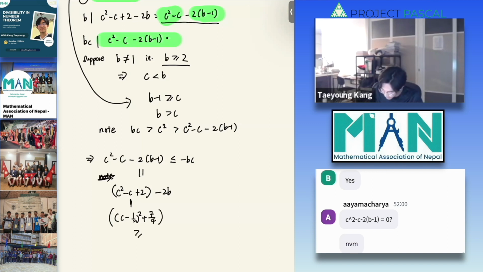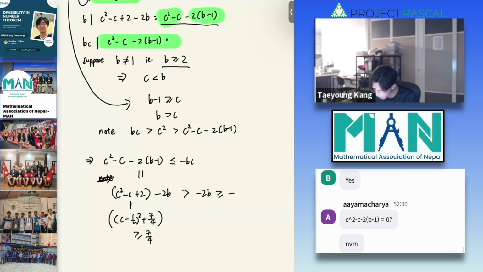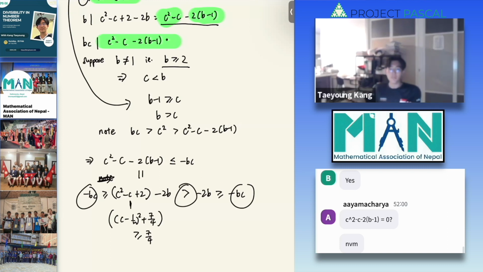So this is at least 7 over 4, right? So this is definitely positive. So this is less than or equal to minus B, minus 2B, which is clearly larger than or equal to minus BC, right? So this cannot hold since these two are equal, but we have a strictly larger than sign here. There's no equality.